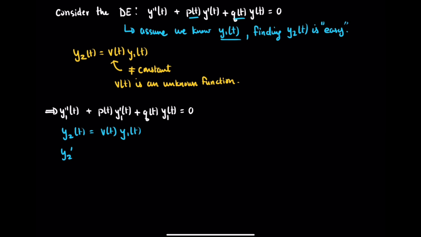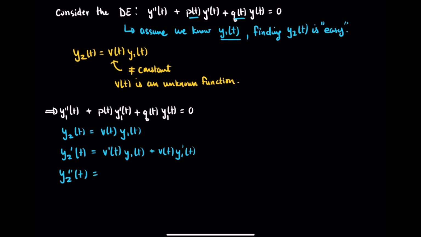So y2 prime t follows the product rule, so we get v prime t y1(t) plus v(t) y1 prime t. Then we take the second derivative of y2.